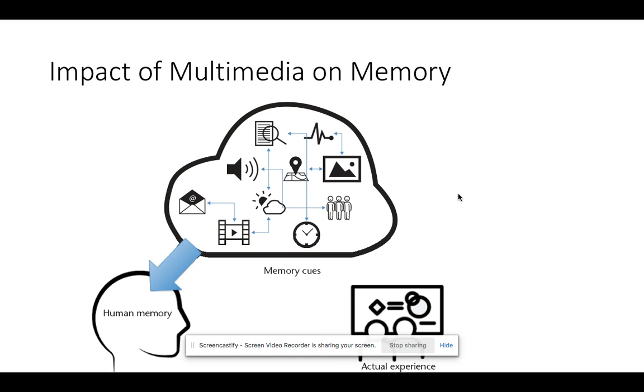There are so many different cues that we rely on. And as we have an actual experience, our memory draws on the cues of things that we have done previously. This might be background knowledge. This might be that role playing from when we were a child. This might be information that has been chunked for us.